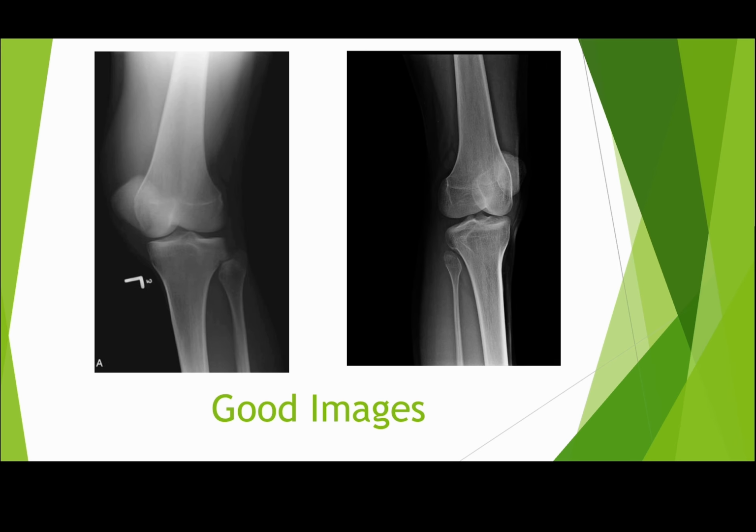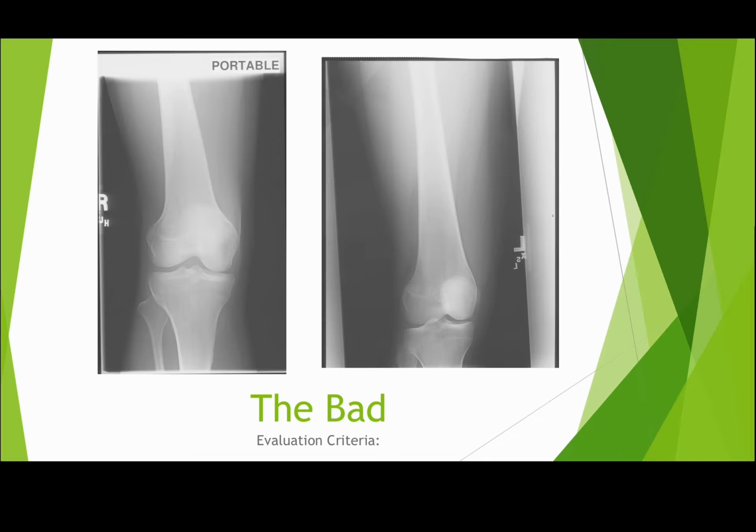So here's our good images. We see that nice open space between the fibula and the tibia, and that little joint space right there. And we see that the patella is swung over to the medial side. And here's our bad images. So we don't have any open space between the tibia and fibula.